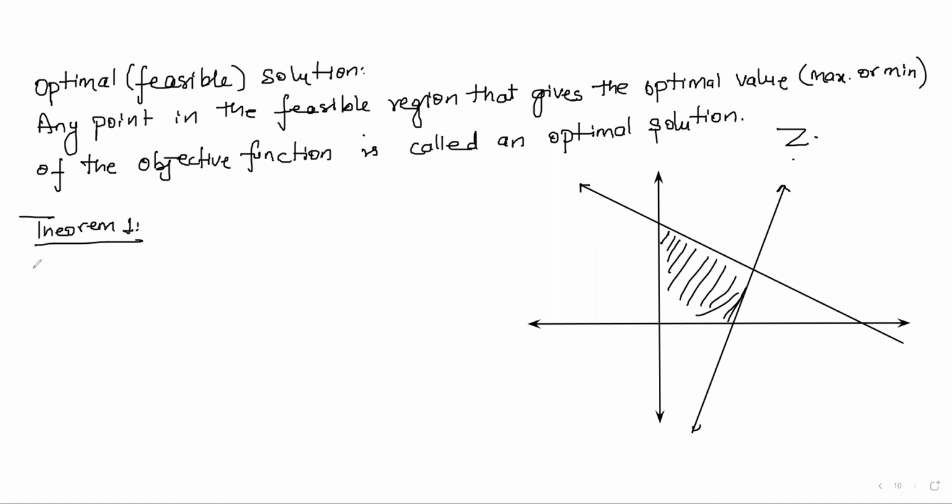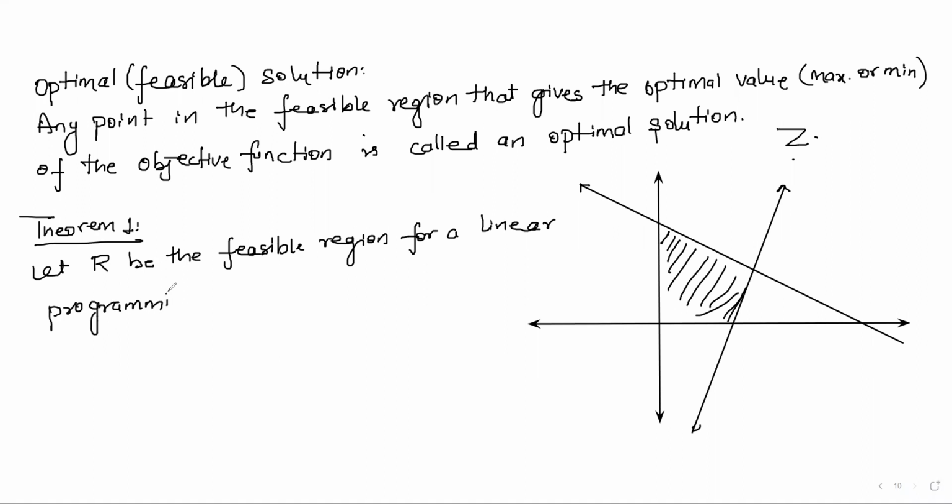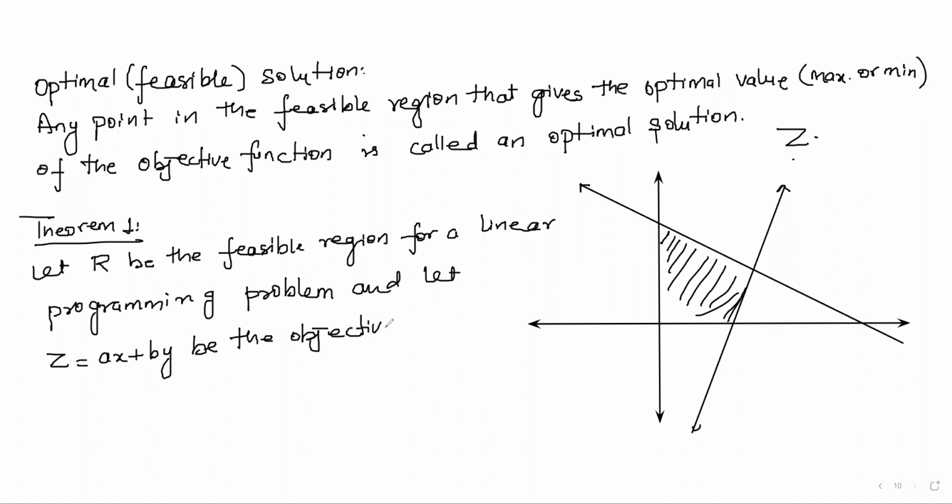Theorem 1: Let R be the feasible region for a linear programming problem, and let z = ax + by be the objective function.